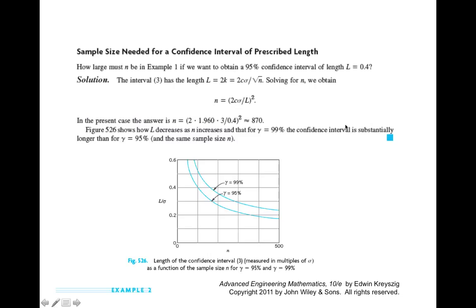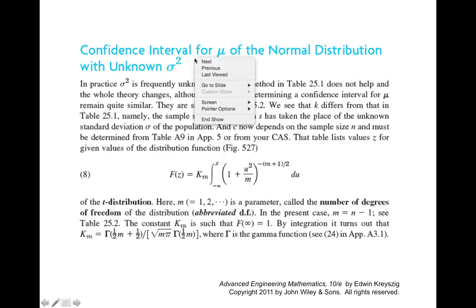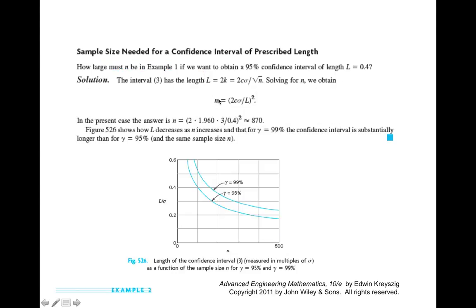Okay, let's look at the problem in a slightly different way. Suppose that we want our confidence interval length to be 0.04, and we want to know how many samples we have to have for us to be able to say that we have 95% confidence with a confidence interval length of 0.04. Now 0.04 is just 2 times k. And k, remember, is c sigma over the square root of n.